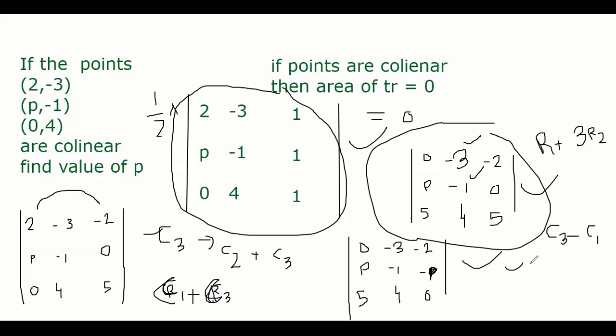So I'll erase everything and keep this one determinant. Tell me which determinant you want me to use, or do you want to simplify more? You tell me. Tell me, guys, whatever you want.